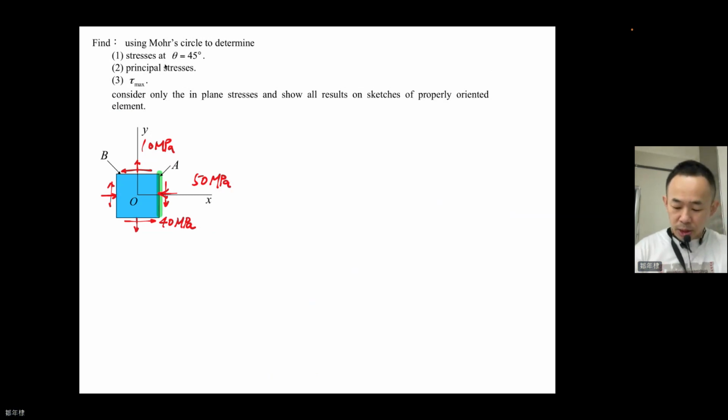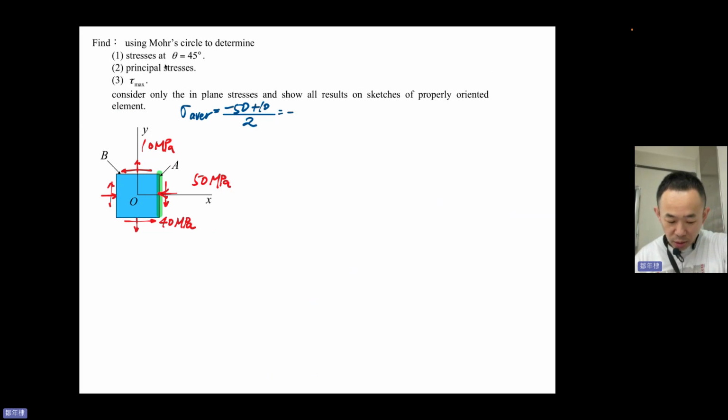All right. Again, let's write down, get the sigma average. Sigma average equal to minus 50 plus 10. Okay, you see that the reason why I didn't write down this is sigma x equal to 50. No. It's sigma x equal to minus 50 and plus 10 divided by 2 average, right?